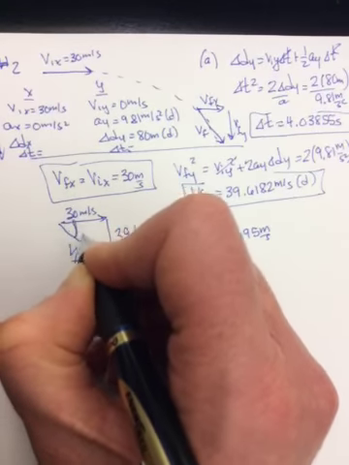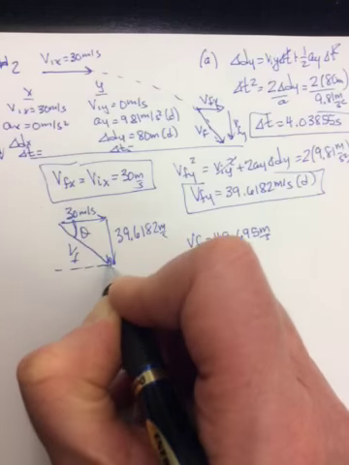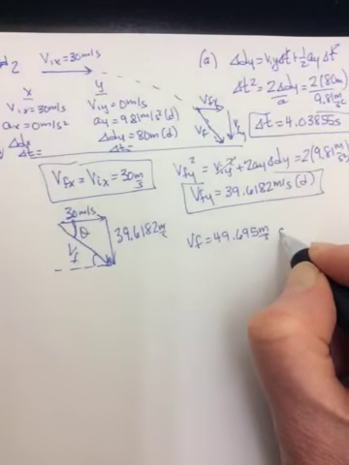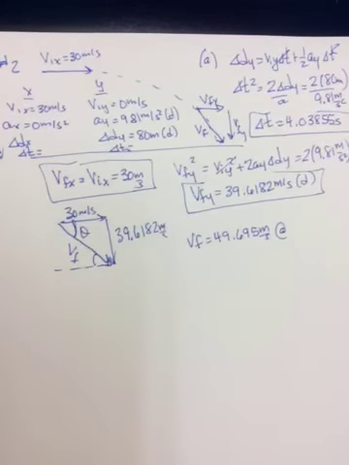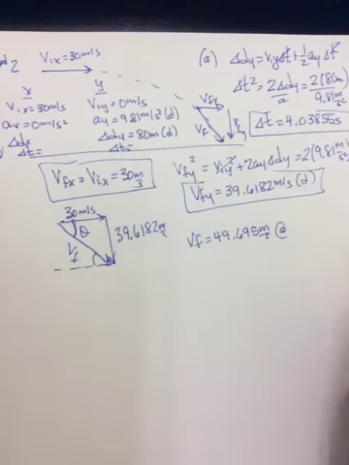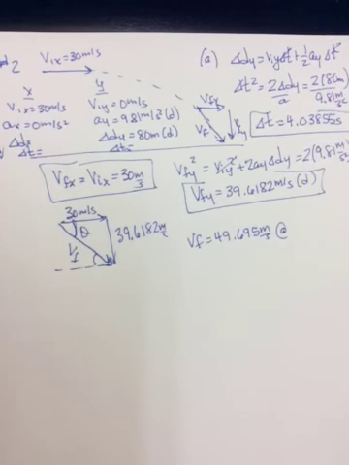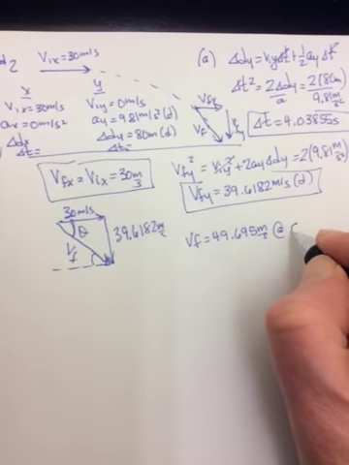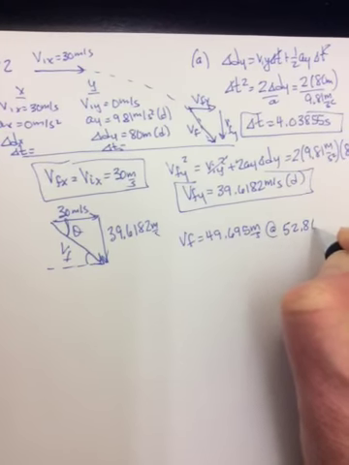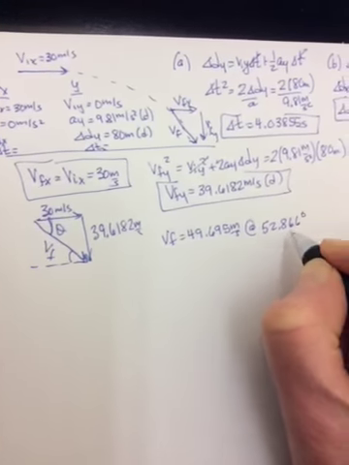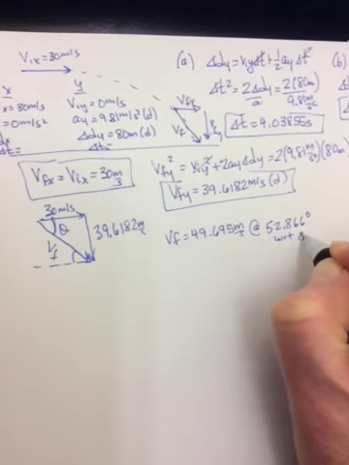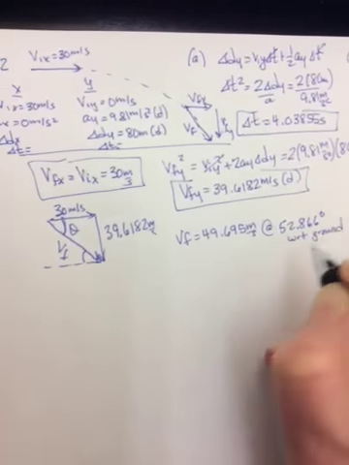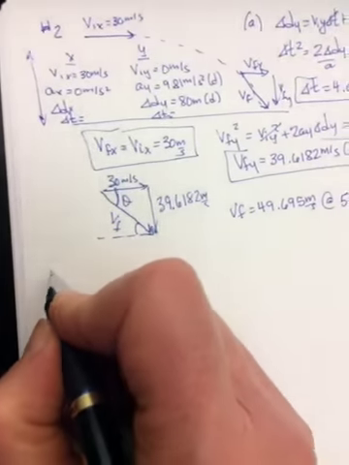And find this angle here, because that is the angle with respect to the ground. It's always good to do inverse instead. 52, is that what I got in the answer? Yes it is. At an angle of 52.866 degrees, with respect to the ground. Okay, that is number 2.